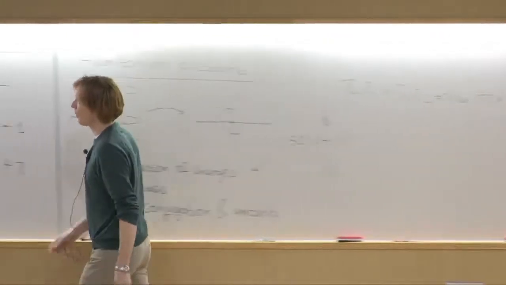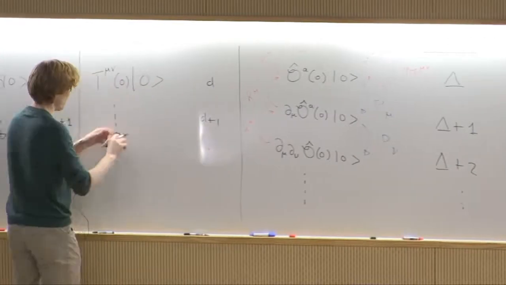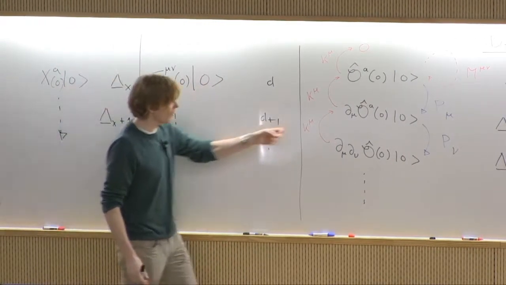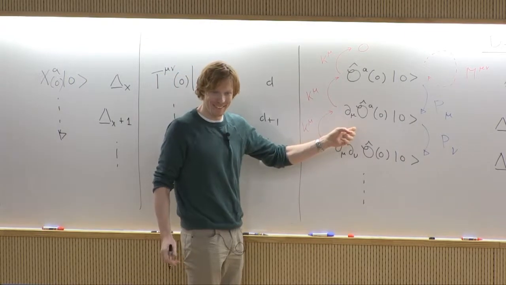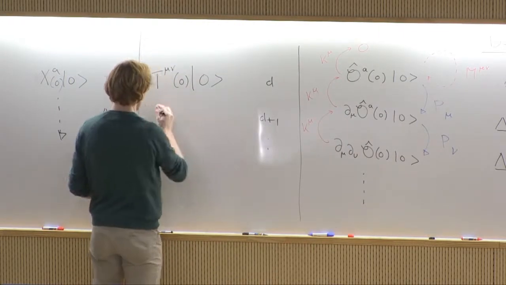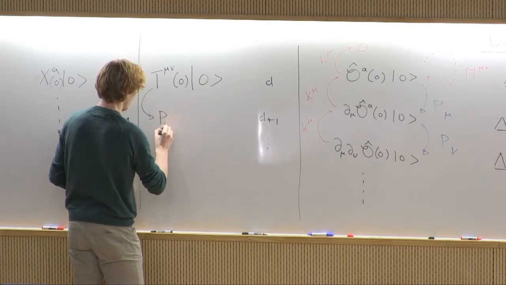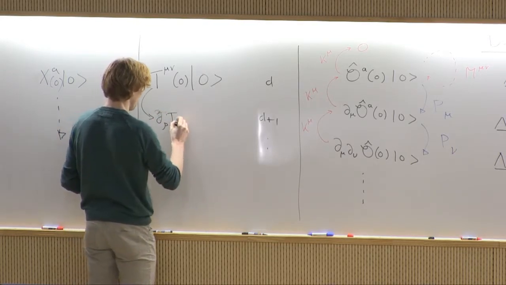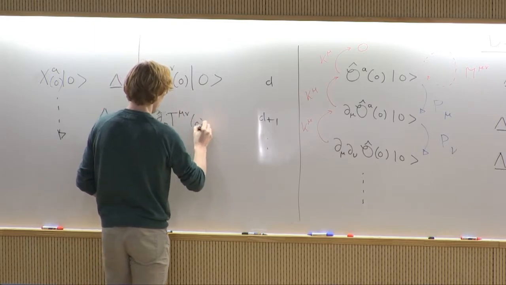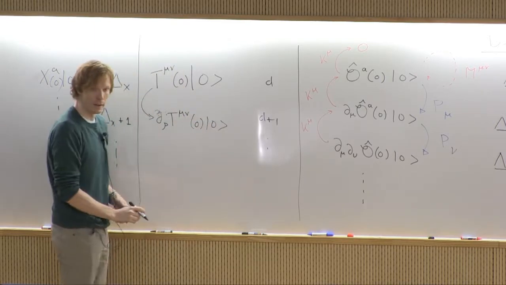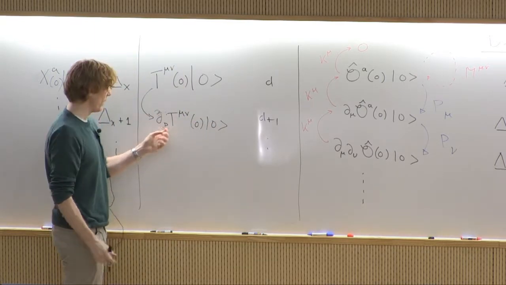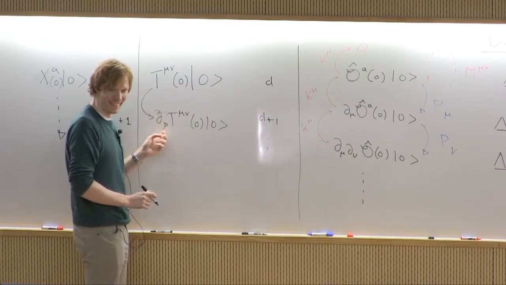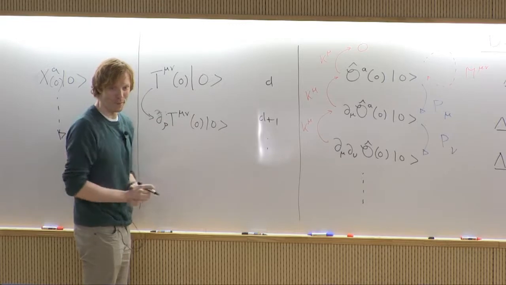Your question is excellent, because what happens here is that this operator is a perfectly fine operator, but if I act with P_mu on it, I get something that's 0. Here, I act with P_rho and get something like d_rho T_{mu nu} at 0, at the first level. If I contract these two indices, I get 0, and then there's the traceless bit, which is not 0.